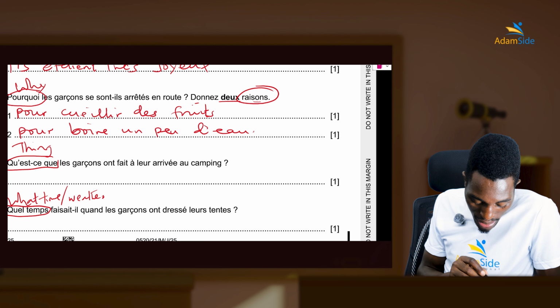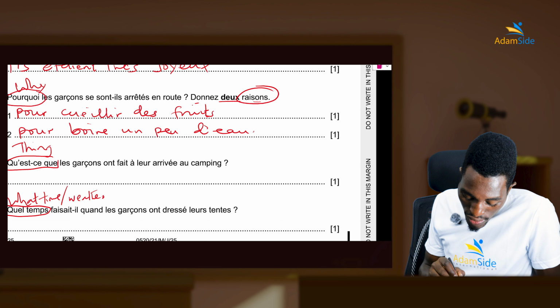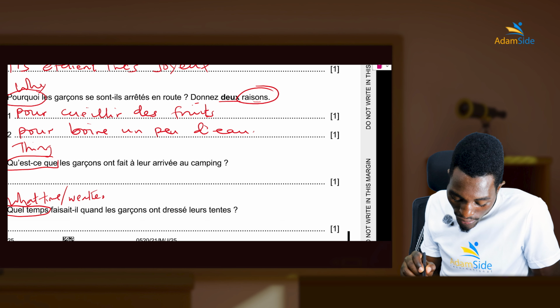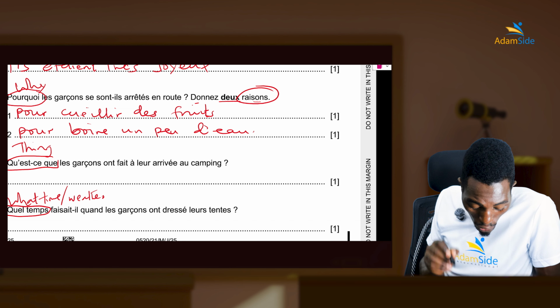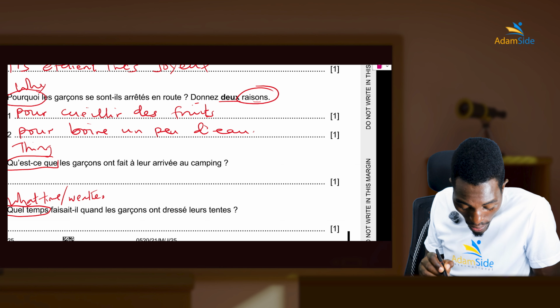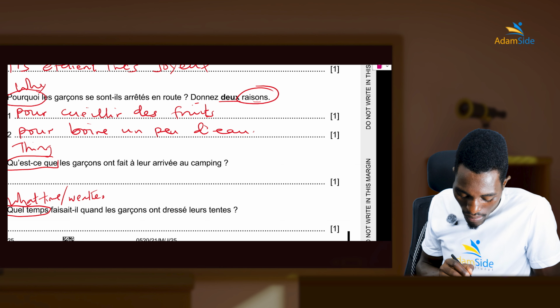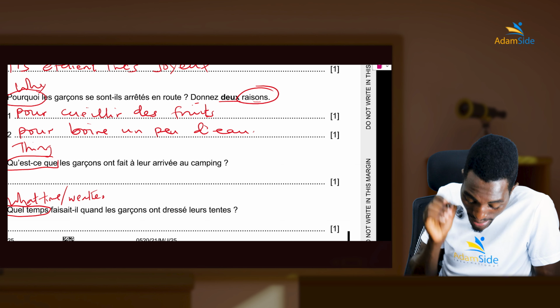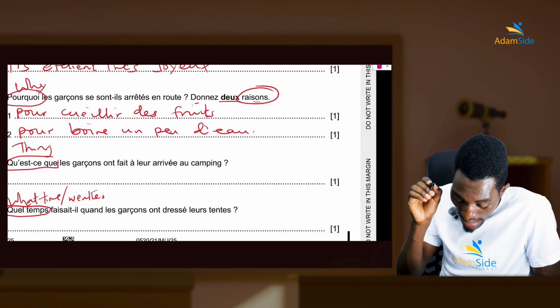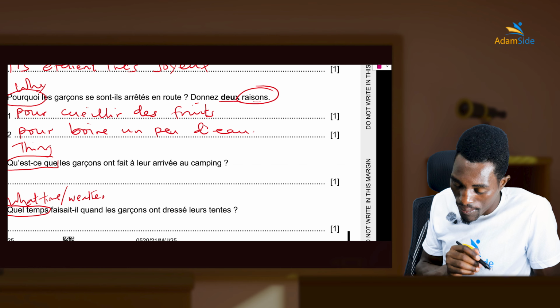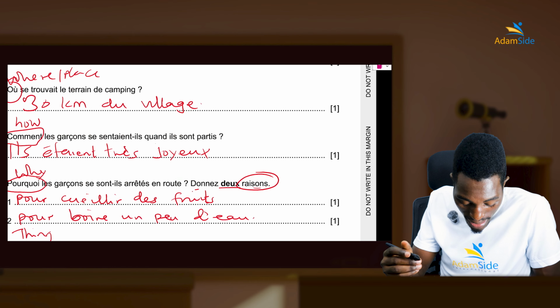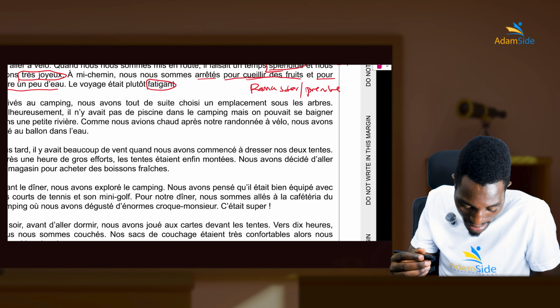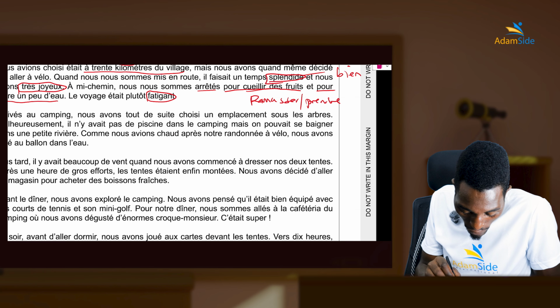So then question E is, qu'est-ce que les garçons ont fait à leur arrivée au camping? What did the boys do when they arrived at the camp? That is what we have to find in the text. Les voyageurs étaient plutôt fatigués.